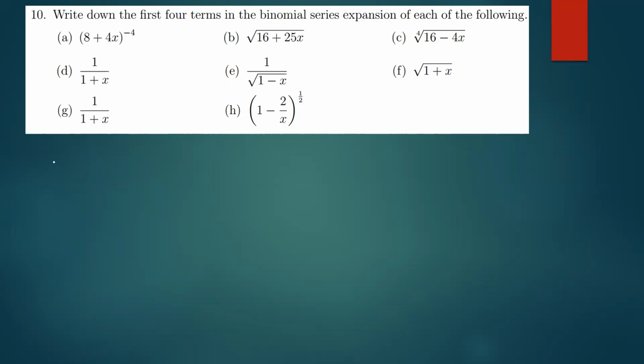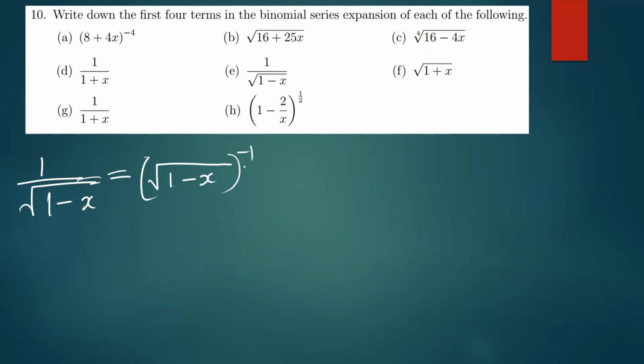So E is 1 over the root of 1 minus x. So this one can also be written as the root of what? 1 minus x raised to the power -1, which can further be simplified as 1 minus x to the power half, because the square root of any number is just the same as that number raised to the power half.